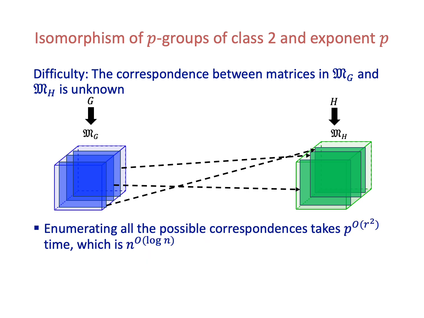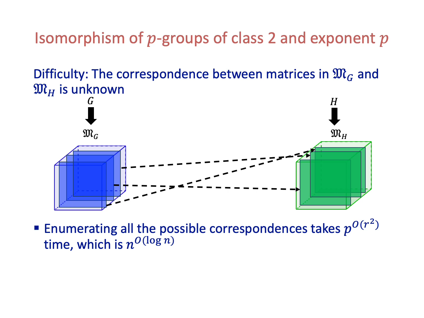If one determines the correspondence between two matrix spaces by trying all the possible correspondences, because there are p to the r squared possibilities, the result is a quasi-polynomial time algorithm when r is linear in log n. No improvement compared with the current best algorithm.